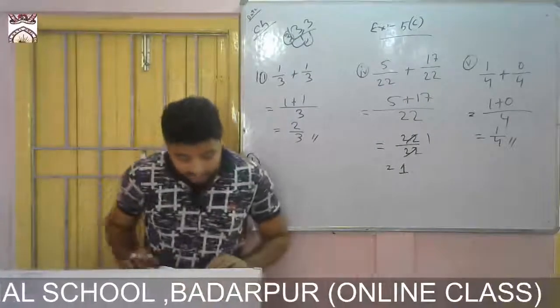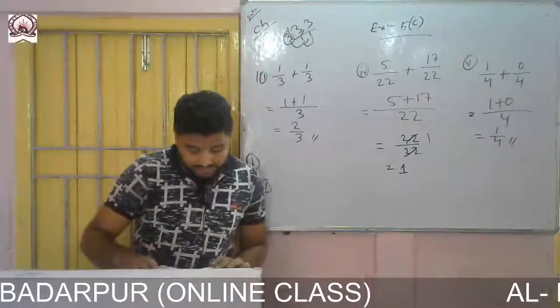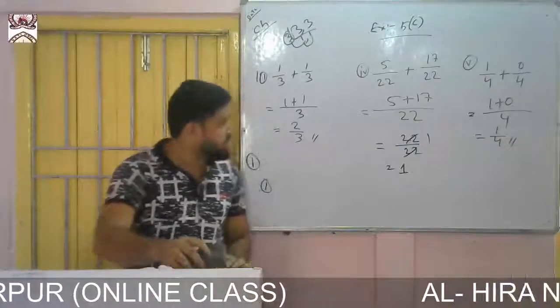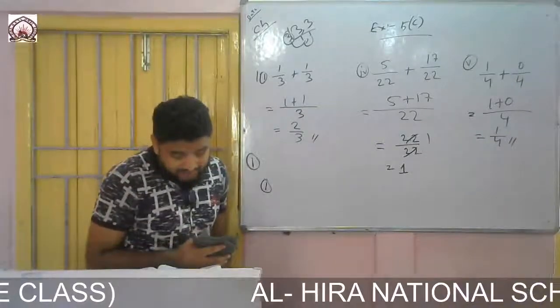Now come to question number 2. In this case we will subtract. What is given? 3 by 5 minus 2 by 5.